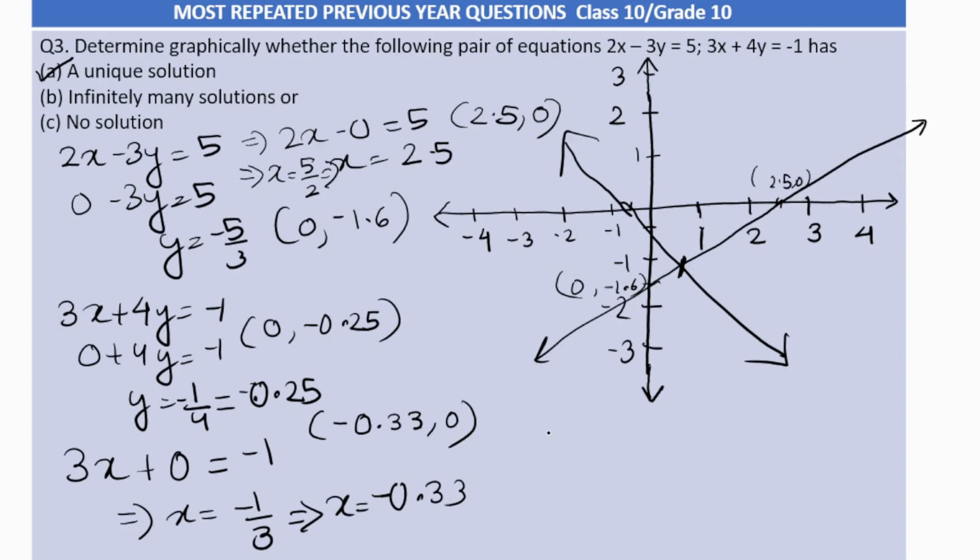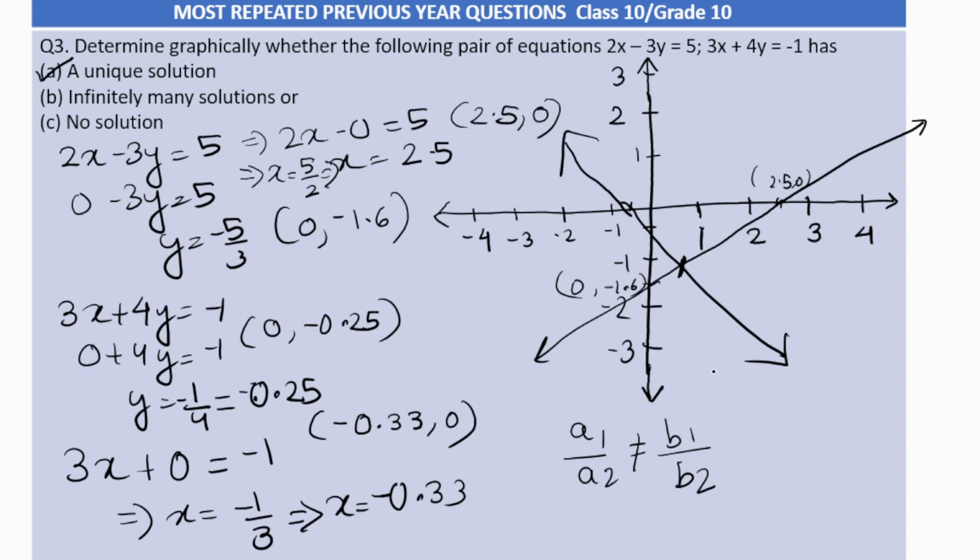Now if the same question has been asked not to do graphically, don't waste your time trying to do this. What should you do? In such a case, if A1 by A2 is not equal to B1 by B2, then whatever pair of equations has been given has a unique solution, right?